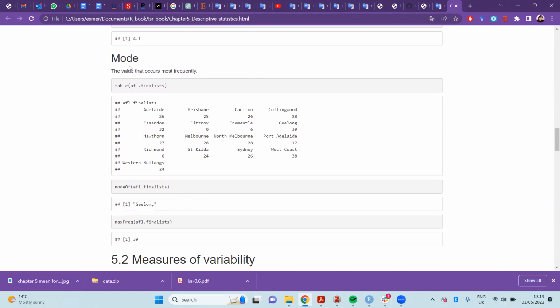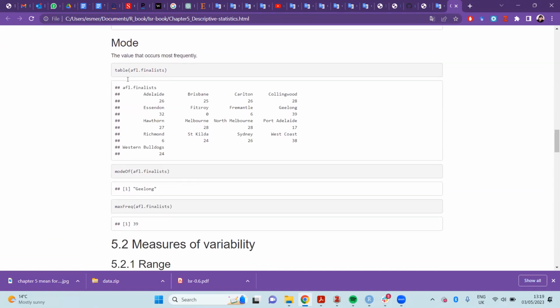What else? We have the mode measure. Using the function table, we can see the frequency of each one of the teams that played during the season or during the evaluated period.